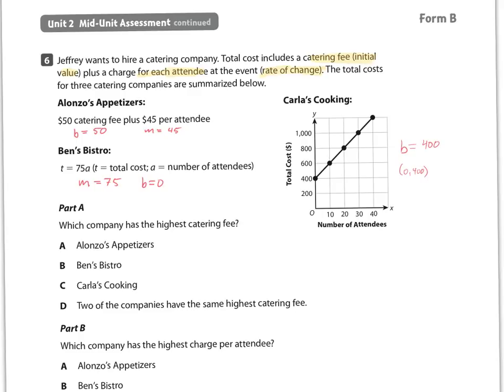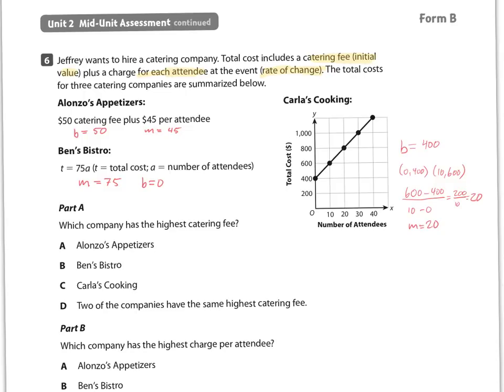And then we're also going to get (10, 600). And then we're going to use the slope formula. So 600 minus 400 divided by 10 minus 0 is going to give you 200 over 10, which is 20. So your slope for Carla is actually 20.